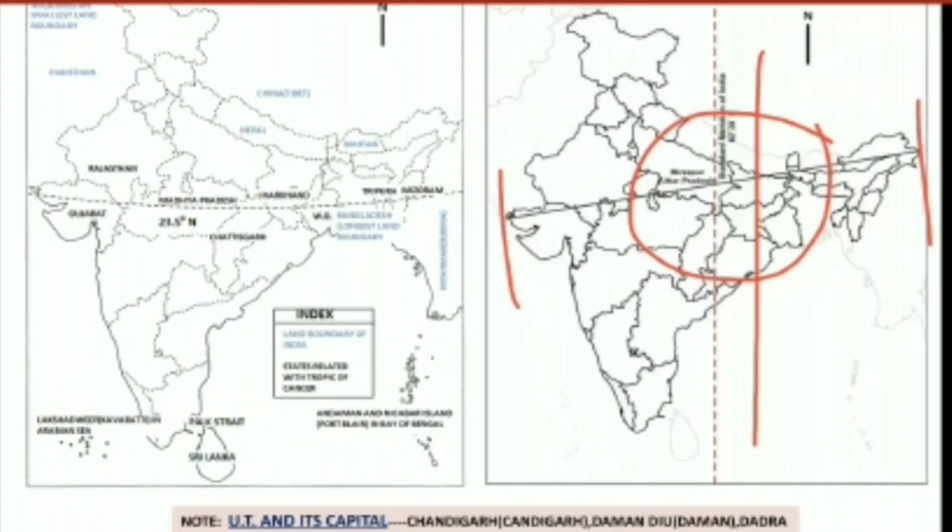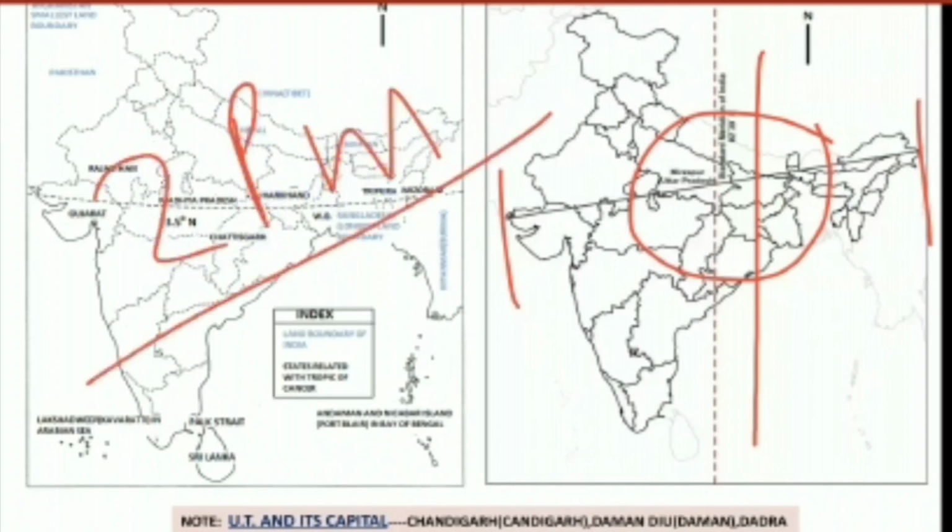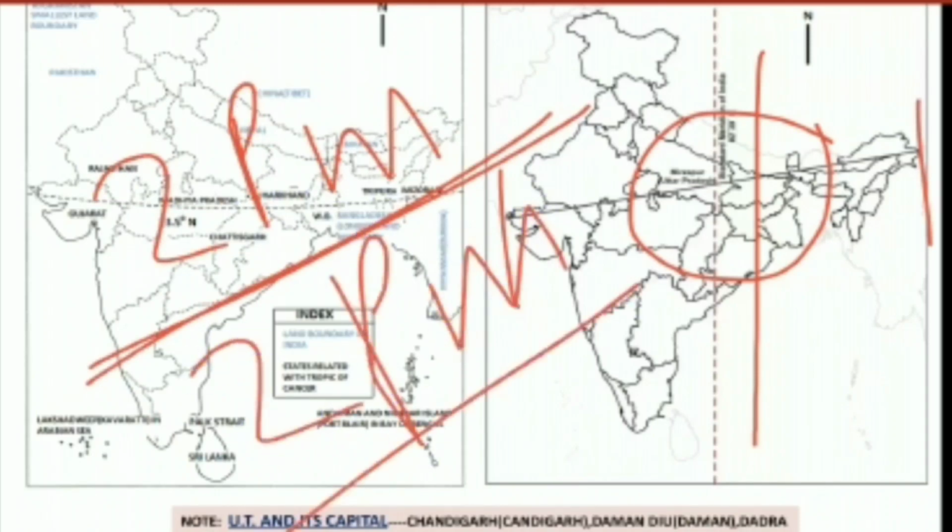Because on the basis of this longitudinal line, all over India, the time is determined. For example, if the time on this meridian is 2 p.m., then all over India the time is 2 p.m. That's why it is simply known as standard meridian of India or standard longitude of India. Fine.